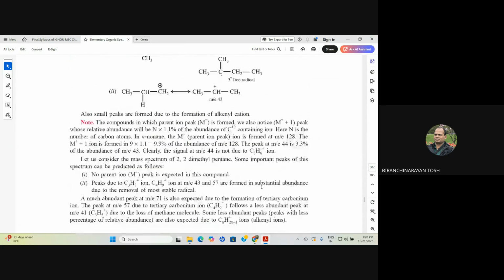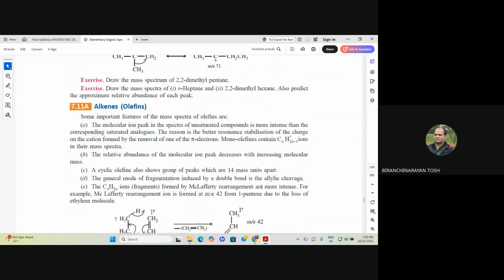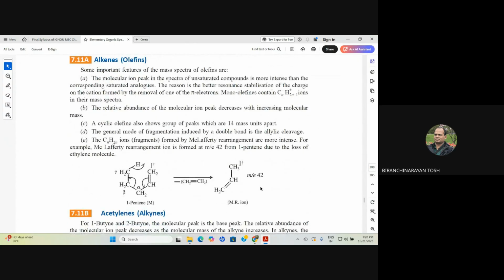If you go for alkenes or olefins, some important features are: the molecular ion peak in the spectra of unsaturated compounds is more intense than the corresponding saturated analogs. The reason is resonance stabilization.